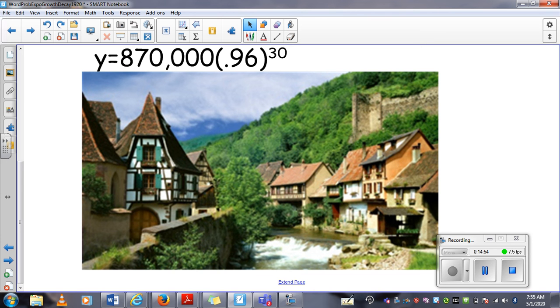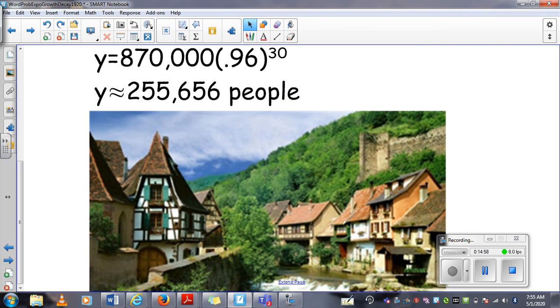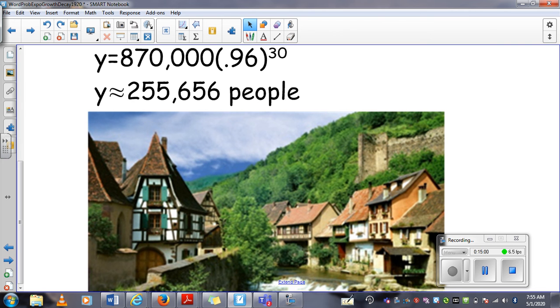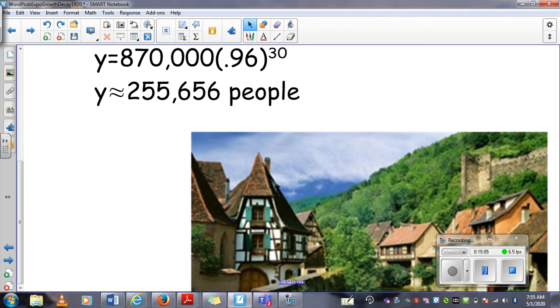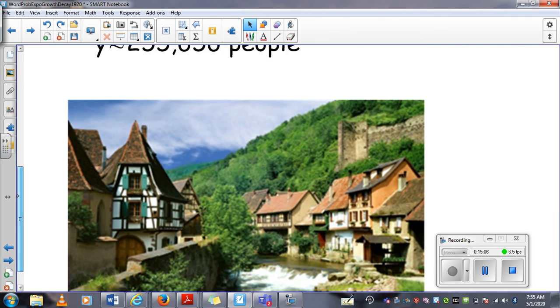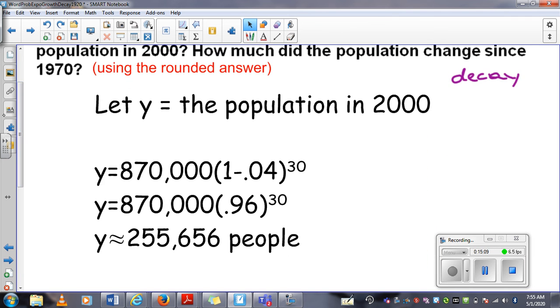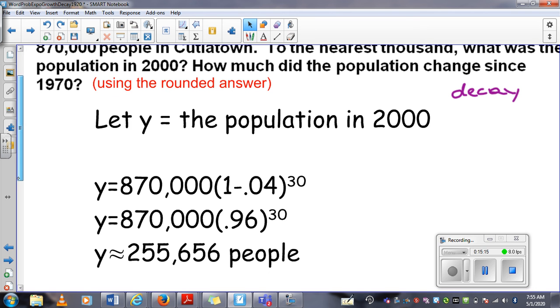So 4% leaves, but 96% stay. That gives you approximately 255,656. Now, the question asked what the population was in the year 2000. Well, this is your population in the year 2000 because this is what remains.